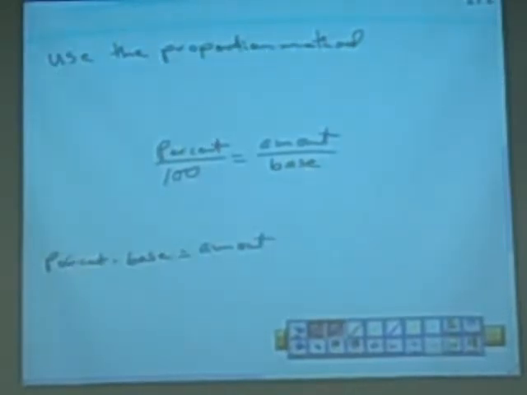Now if we change percent to percent over 100, and then divide both sides by the base, they would cancel out, and we would end up with percent over 100 equals amount over our base. So basically what we're doing here is we're taking the base and putting it down into the denominator.